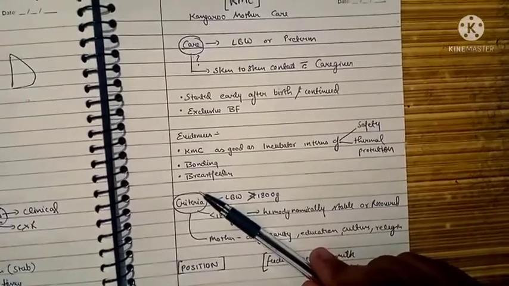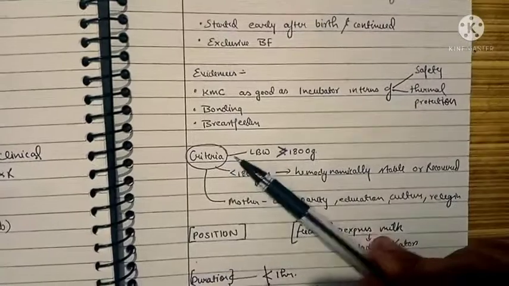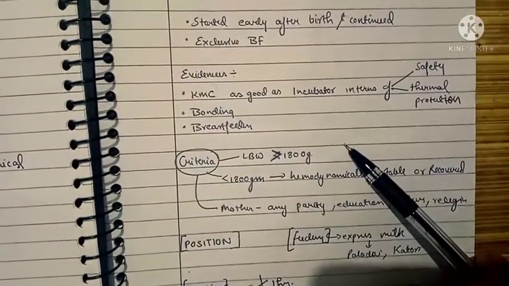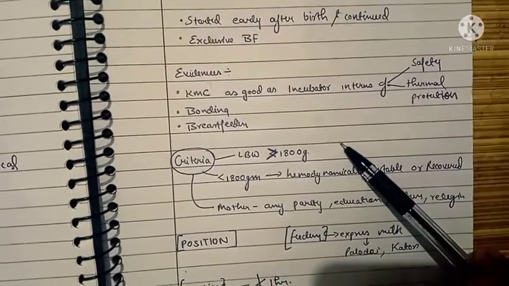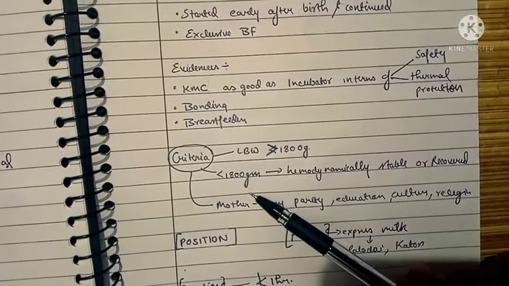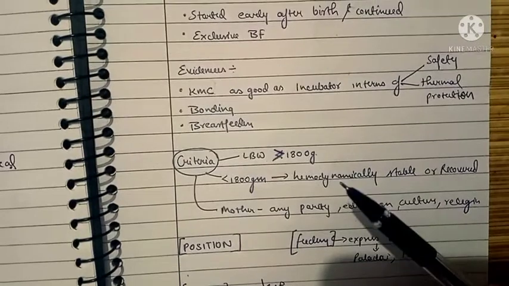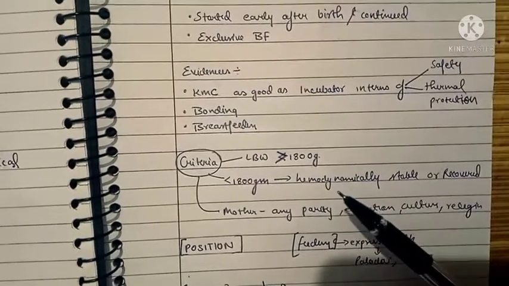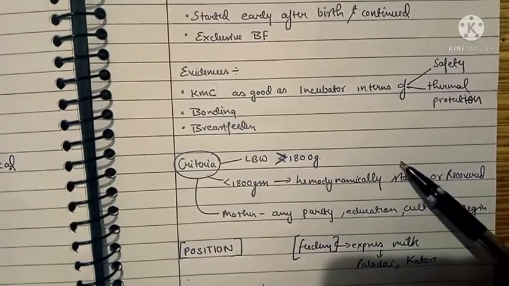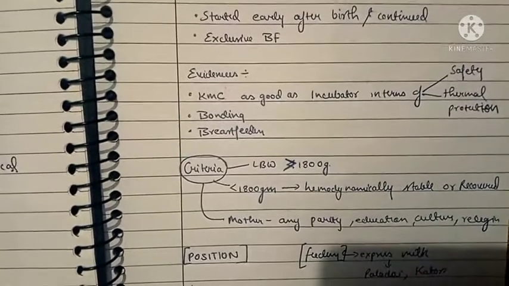Talking about the criteria to include an infant or preterm baby in KMC, the low birth weight baby with a weight of more than 1800 gram is to be included to be given KMC. In the case the weight is less than 1800 gram, that is extremely low birth weight, we need to make this baby stable by keeping in an incubator with other nutrition, and once he is hemodynamically stable or is recovering, we can give KMC in intervals.